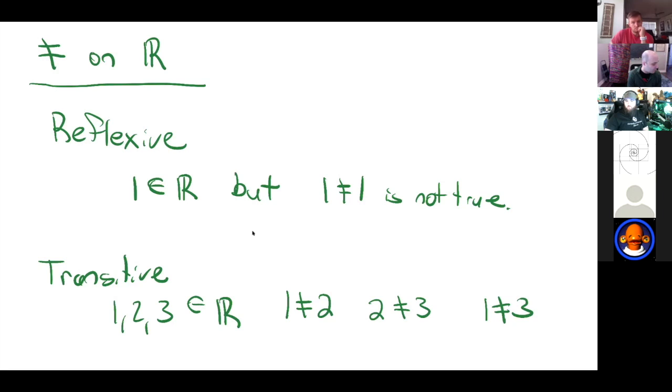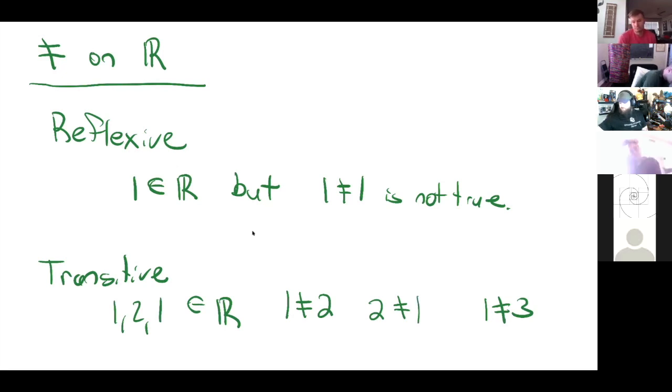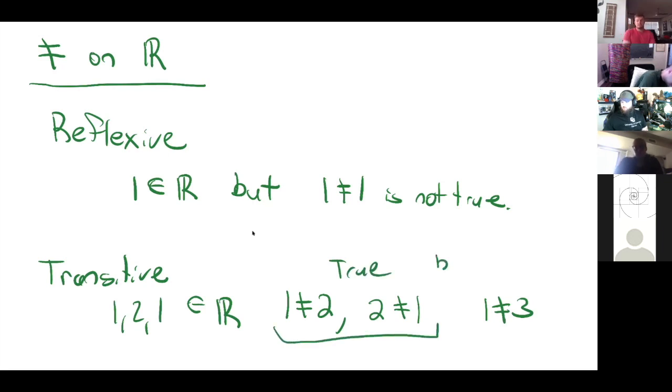Does anyone see how we could fix that? Yeah, so that would work. Thank you, Zoe. So if we pick 3 numbers, they don't say anything about these 3 things being distinct. It is true that 1 is not equal to 2, 2 is not equal to 1. So the hypothesis part of that implication is true, but the conclusion, which would be A, should be related to C as well, but that relation is not true.